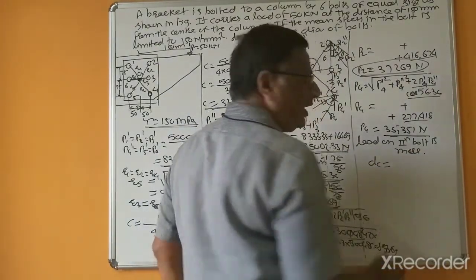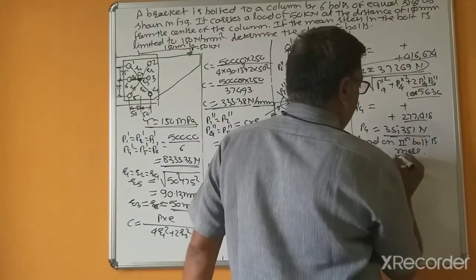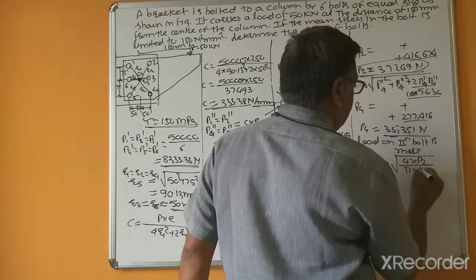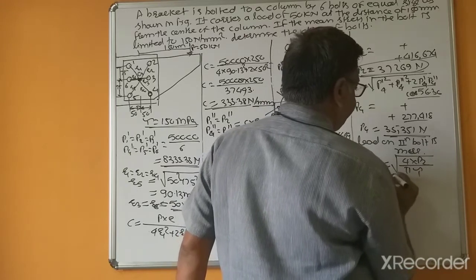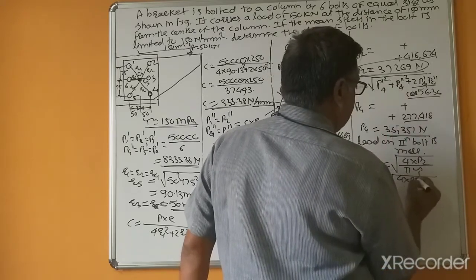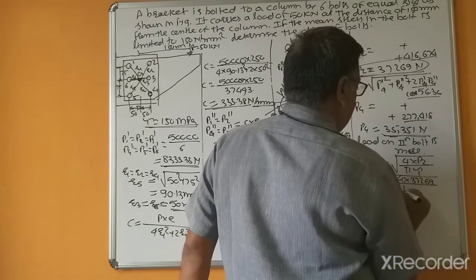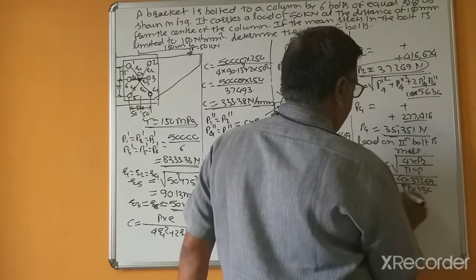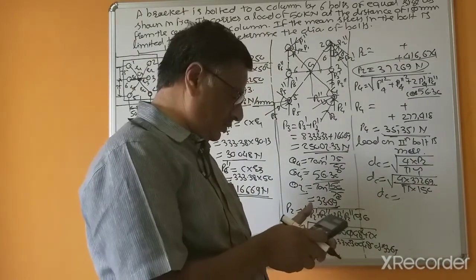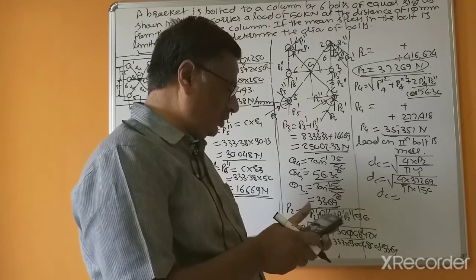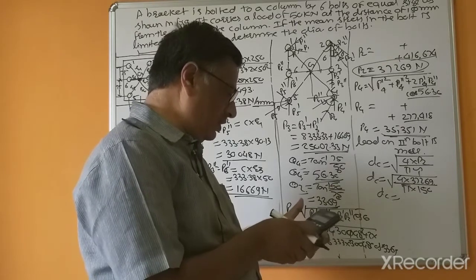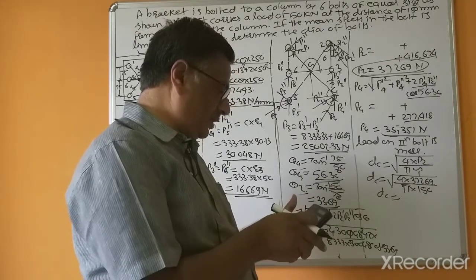So directly I can write dc equal to 4 into P2 divided by pi into tau. dc equal to 37269 multiplied by 4 divided by pi and divided by 150, under root.